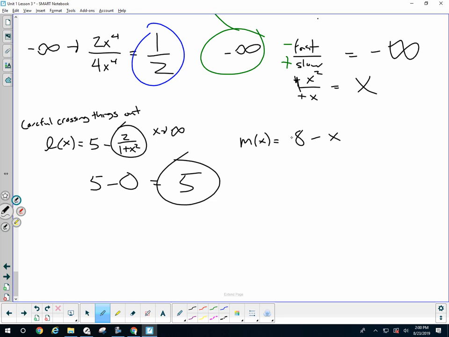Don't cross off the 8 or the minus sign, the minus sign is big. If x is approaching positive infinity, this would approach negative infinity because it's 8 minus infinity, negative. If we went the opposite direction, we'd be approaching positive because of the signs. Okay? That, my friends, is horizontal asymptotes.